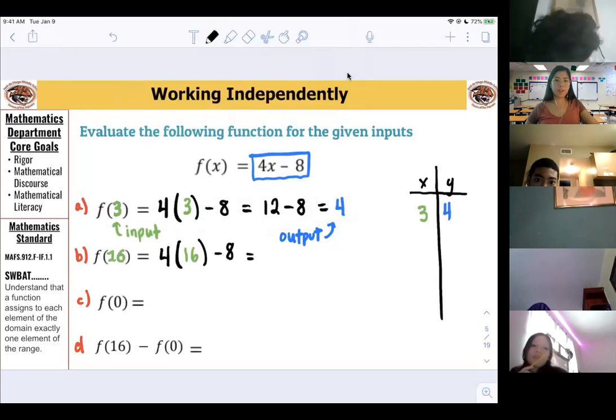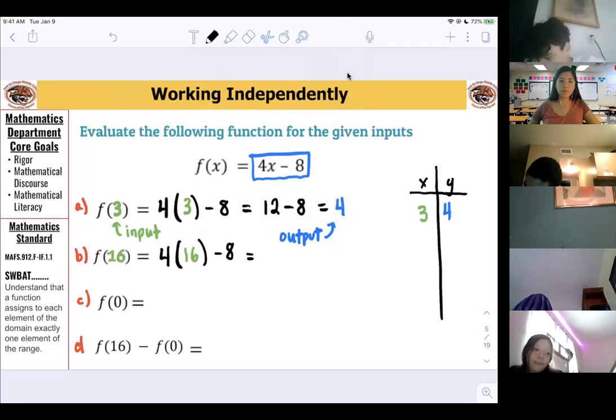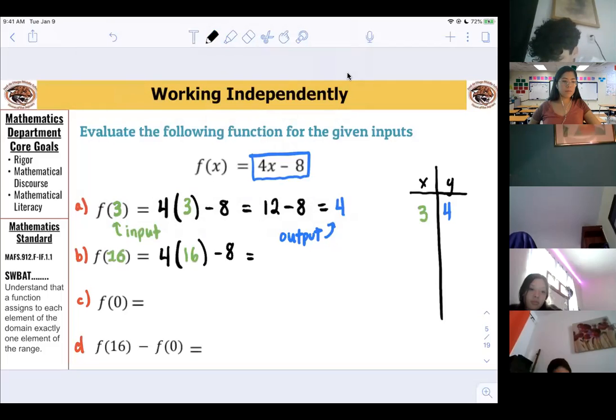Take 30 seconds, just send it in the chat. Yeah, you can send it in the chat. Good, I'm seeing a couple correct answers.